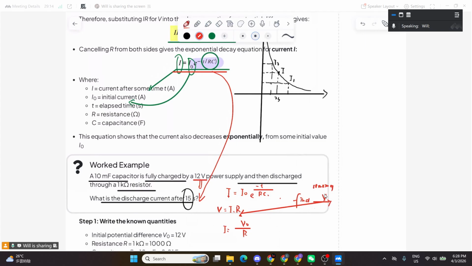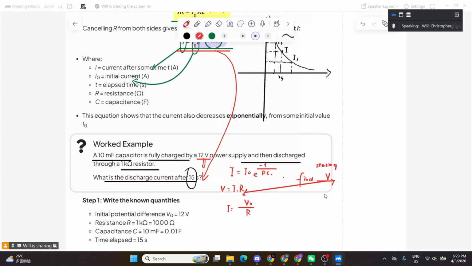Understand that? Okay, so you do it. 12 over 1000. Repeat again. 12 over 1000.